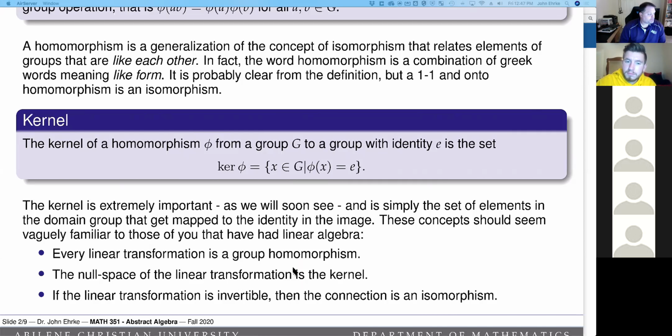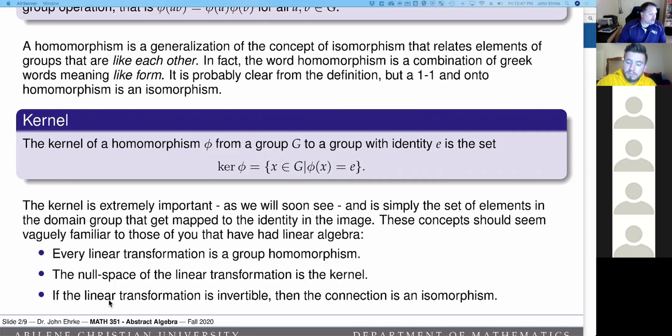homo-automorphism. The null space of a linear transformation are all the things that get mapped to the zero vector. Well, those things are in fact the kernel of that transformation. So when we talk about the null space in linear algebra, what we're really talking about is the kernel of the group homomorphism that represents the linear transformation.